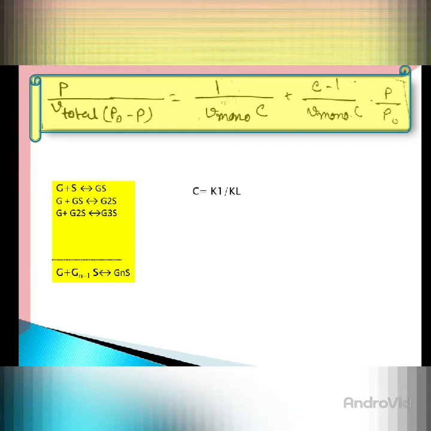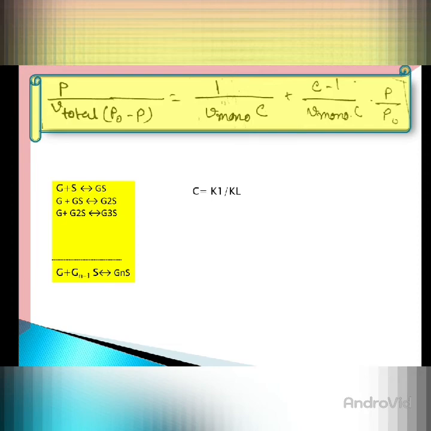After the monolayer formation, the interaction between the adsorbate and adsorbent decreases, but K1 varies rapidly. K1 has a very large value compared to KL. That's why for the rest of the equations, rather than the first equation, the rate constant is the same, which is equal to KL.